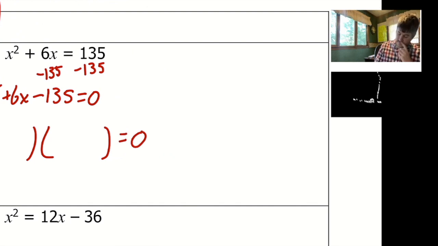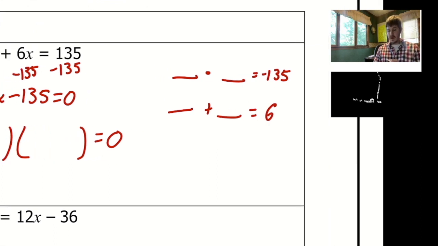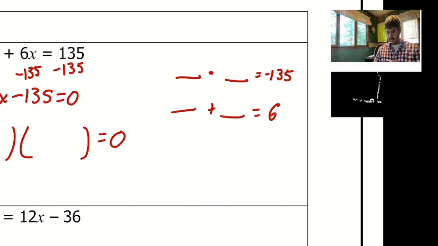So two numbers that are going to multiply into negative 135, but add into 6. Let's see, what are those two numbers? Let's see, I'm going to start dividing 135 by some values, because again, I don't know this one.